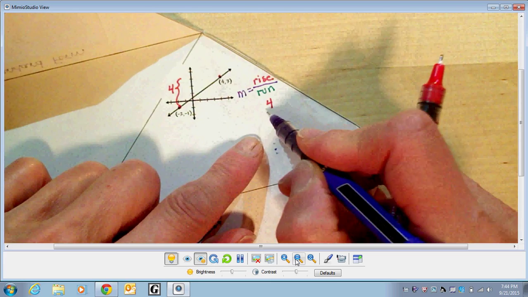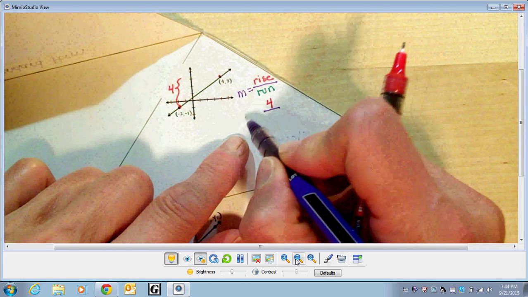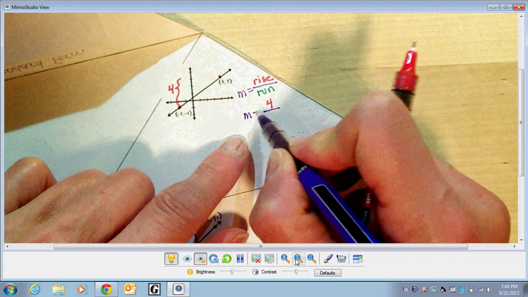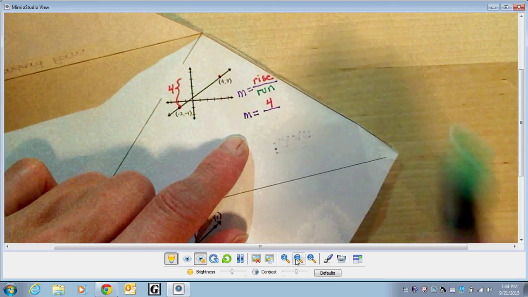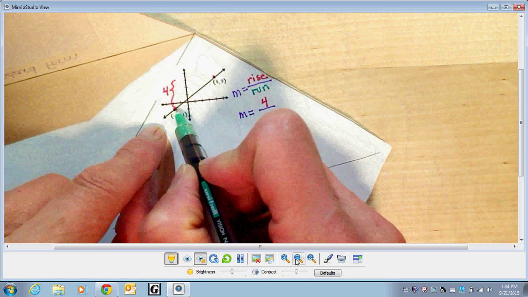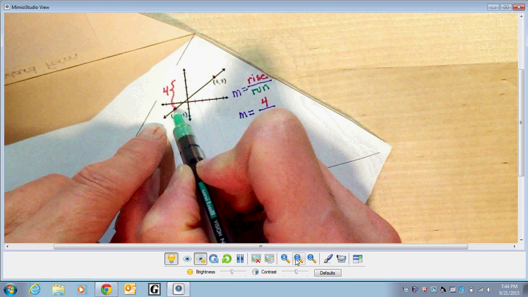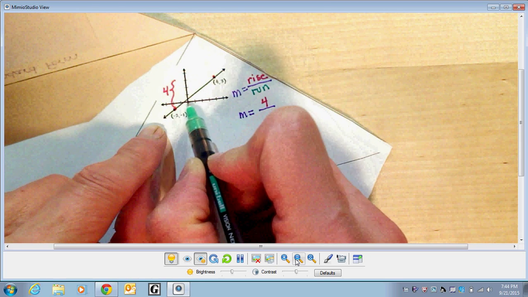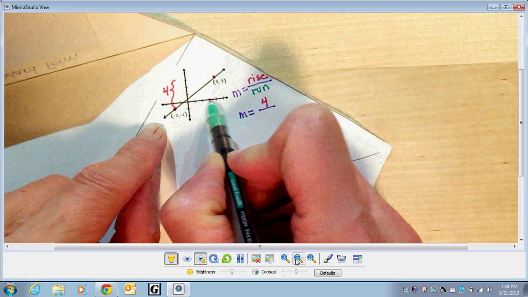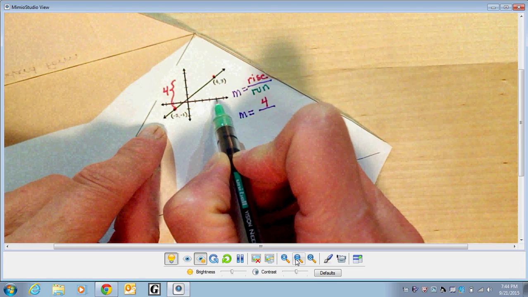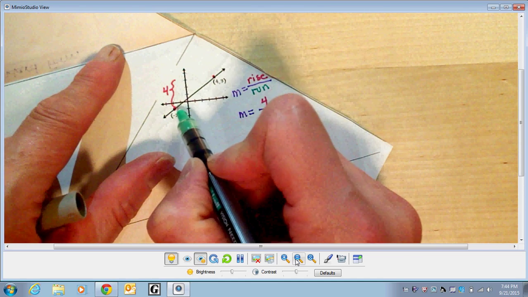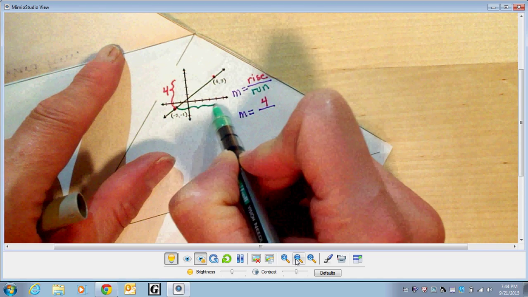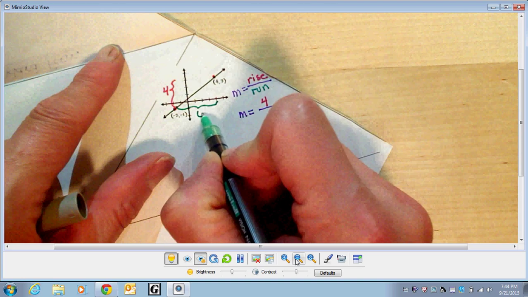So now we need to figure out what our run is, and I'm going to put M equals here. So my run is from here to here, and that's going to be 1, 2, 3, 4, 5, 6. So that looks like 6. So from here to here is 6.